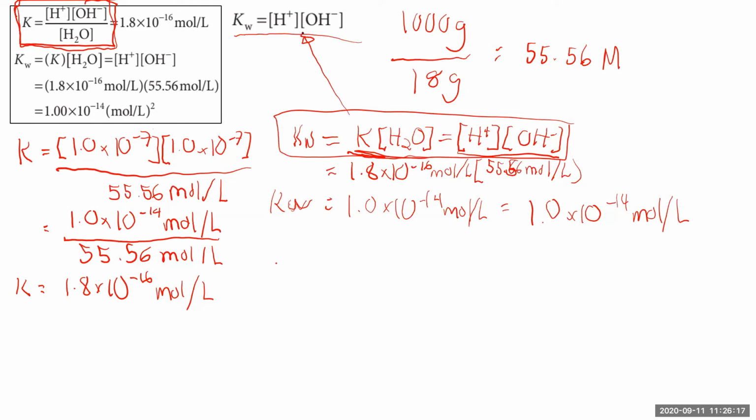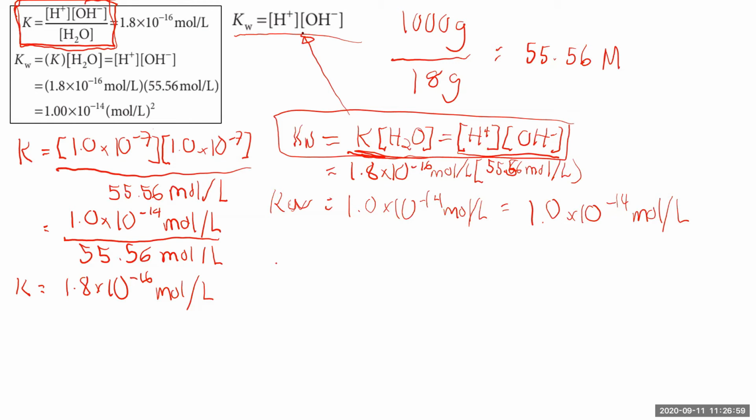Here, we can easily calculate the concentration of either the hydronium ion or the hydrogen ion or the hydroxide ion present in a solution if we know the concentration of the other ion. So, if we know the concentration of hydrogen, we can now know the concentration of hydroxide ions and vice versa. The way to do that is to rearrange the formula.